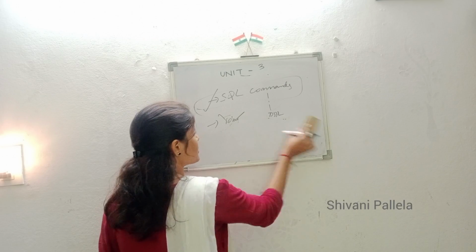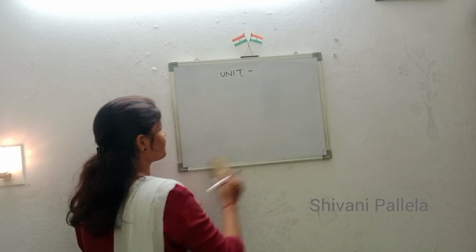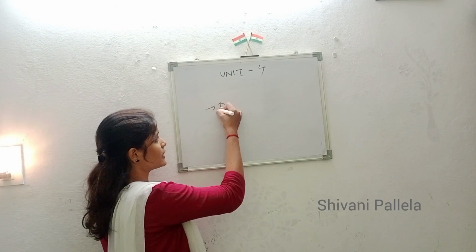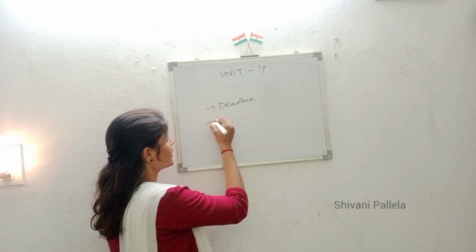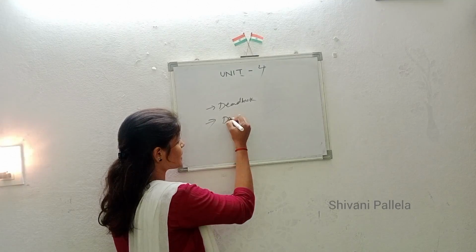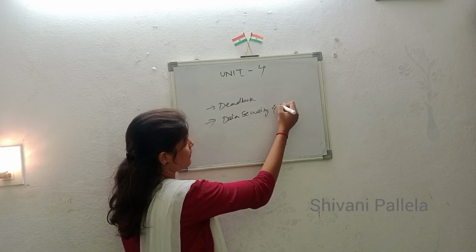So now we will discuss the fourth unit in the subject. In the fourth unit you are having deadlock and its prevention, right? And you are learning about database security and integrity, and backup.